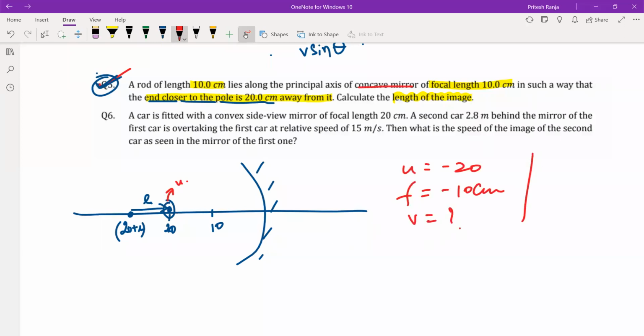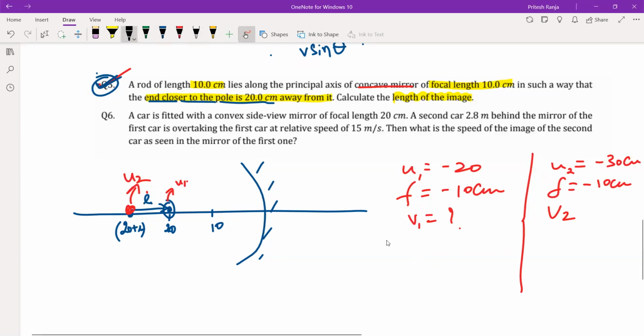And again, in the next situation, we can consider the object distance to be 30, right? So when the object, let us say this is u1 and u2, when u2 will be -30, f is always same. So here we will find v2. Let's say this is v1.